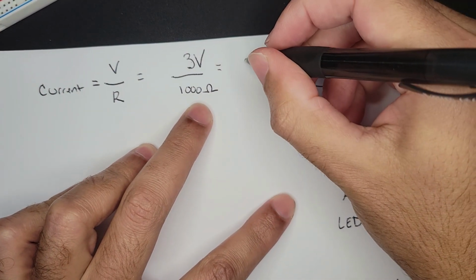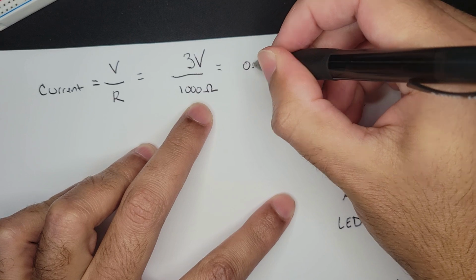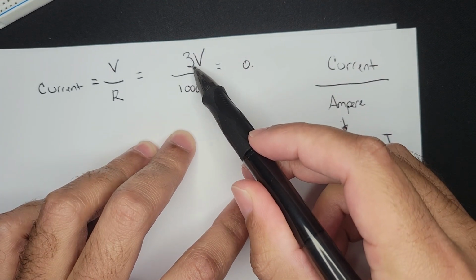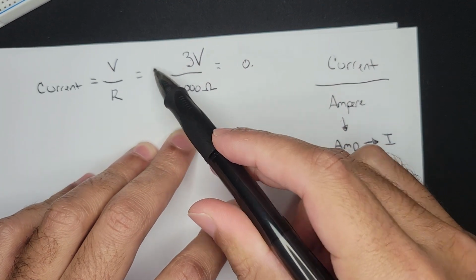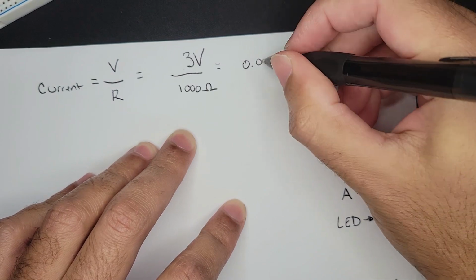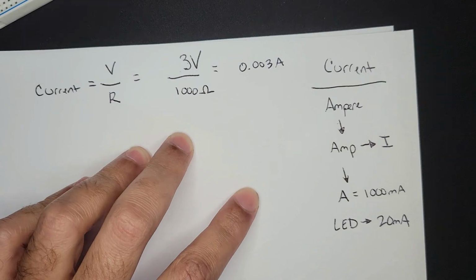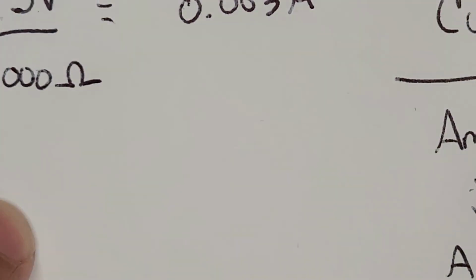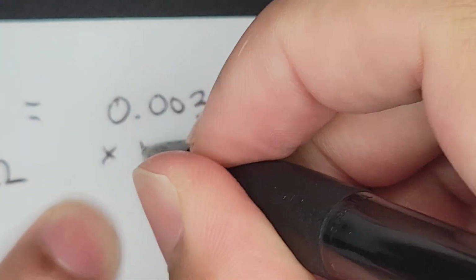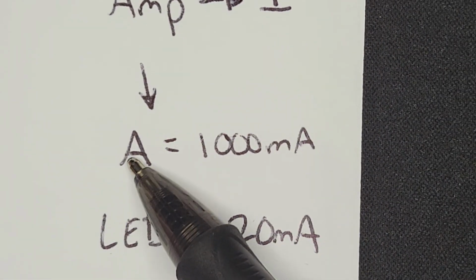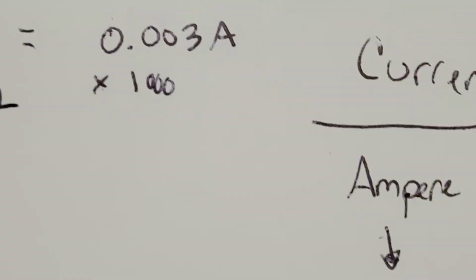And in this case, it's 0 point, and then how many decimal places do we move this? 1, 2, 3. So we get 0.003 amps.